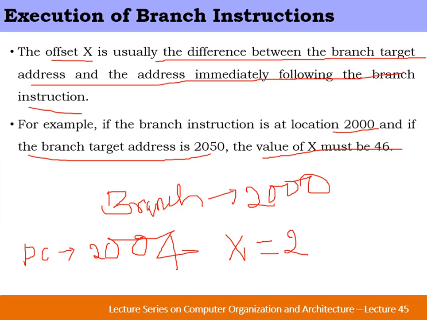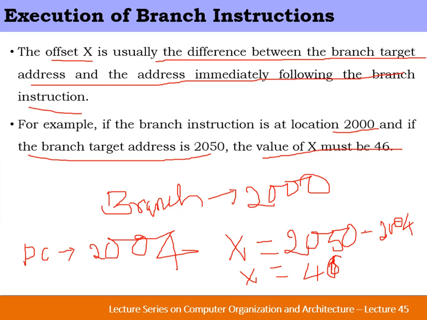The target address is 2050, minus 2004. So 2050 minus 2004 becomes 46. So X, the offset value, is calculated in this way, and we are going to get 46.